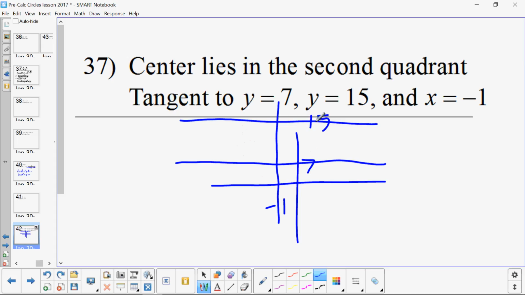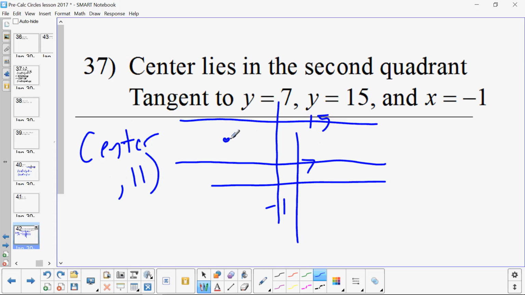So what number is between 7 and 15? Well, add them together, divide by 2. That's 11. So the y value of the center is 11.